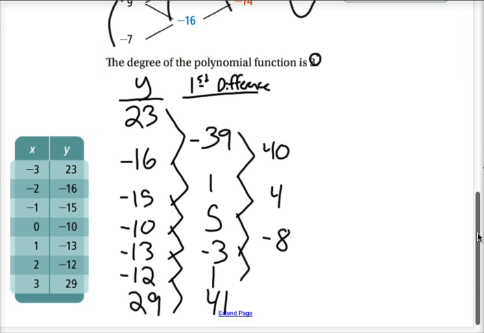Negative 3 up to 1 is 4. 1 up to 41, sorry, is a difference of 40. All right, so that is going to be our second difference.